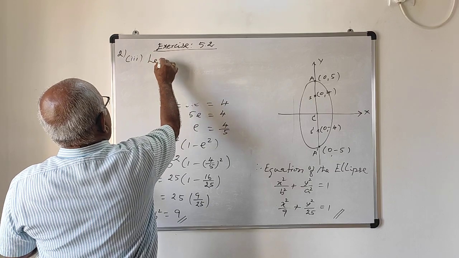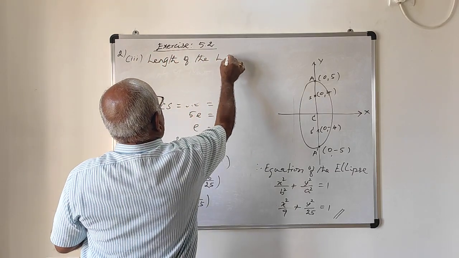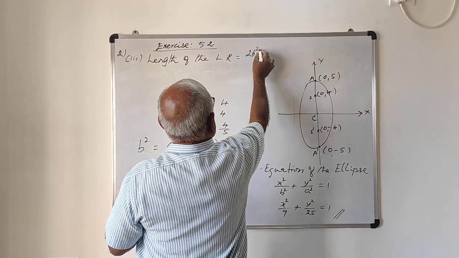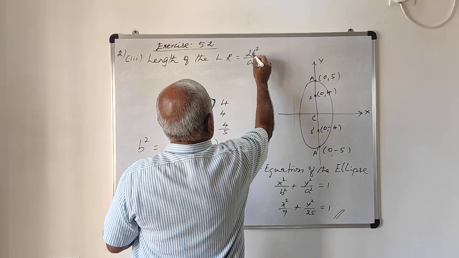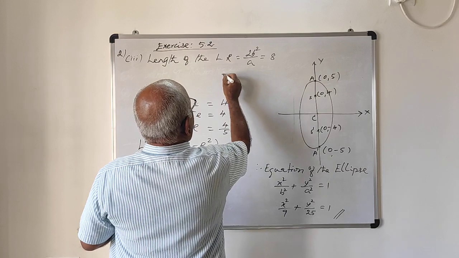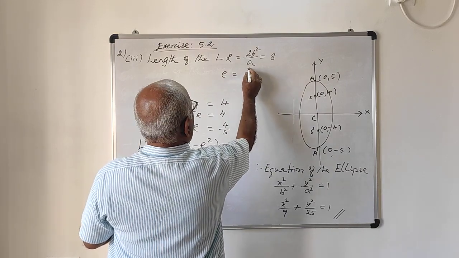Length of the latus rectum, LR, is 2b square by a. The length of the latus rectum, 2b square by a, is 8, given. The eccentricity e is given as 3 by 5.